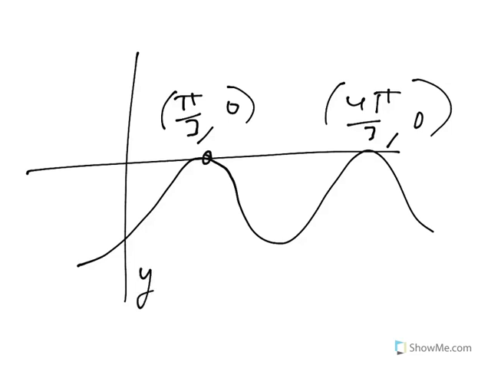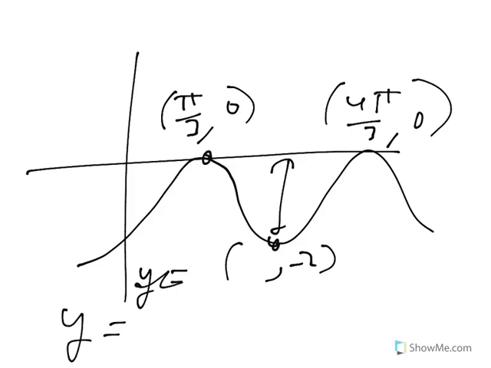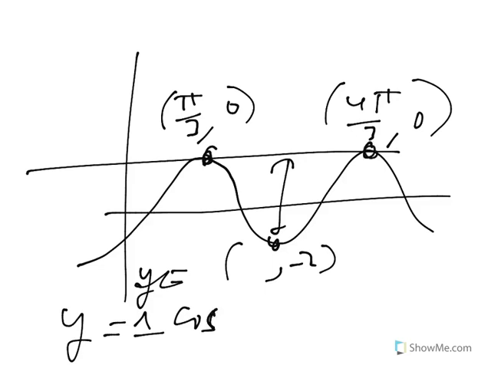So what I see here, and this point down here, is that the y value is -2. So the amplitude is 1. It's a cosine graph because it's starting at its high point, ending at its high point.